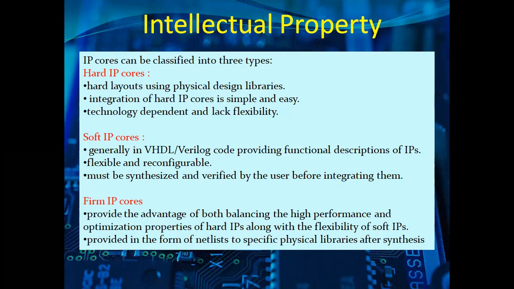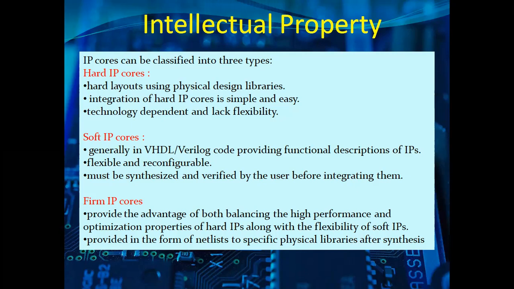Otherwise, I can just port the RTL code. If it is technologically compatible, I can use the gate level netlist. And if it is completely compatible, with the same number of inputs, same outputs, and same technological library, then I can use the entire unit as such. That is what an IP core is.